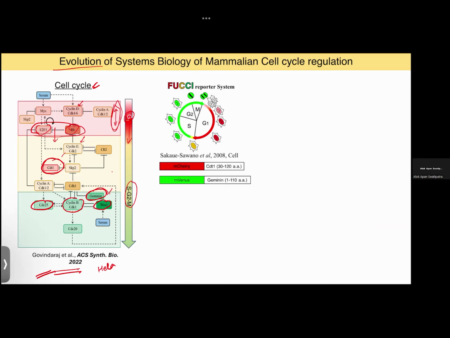Since these two are operational in distinct phases of your cell cycle, if you can monitor their activity somehow, you can distinguish what stage your cell is currently in.